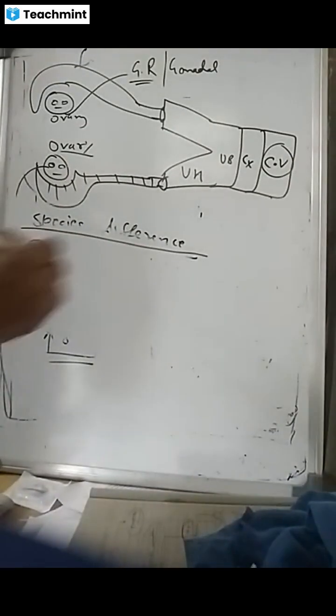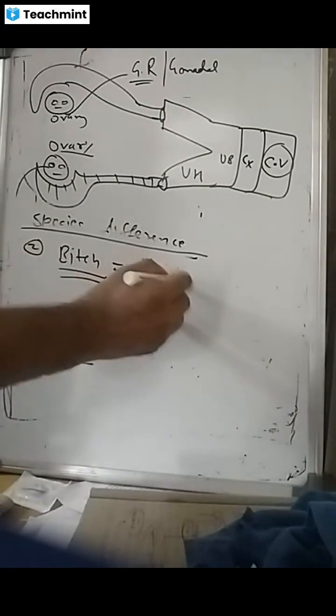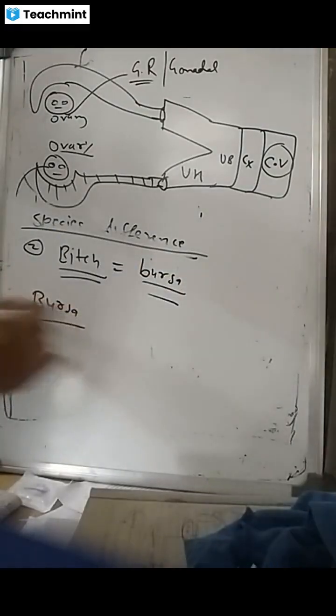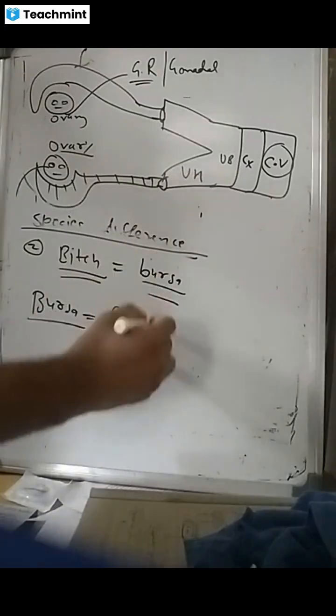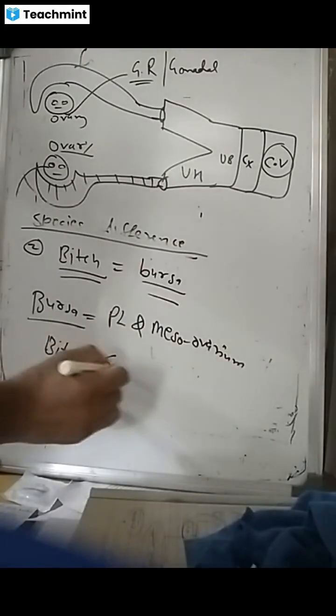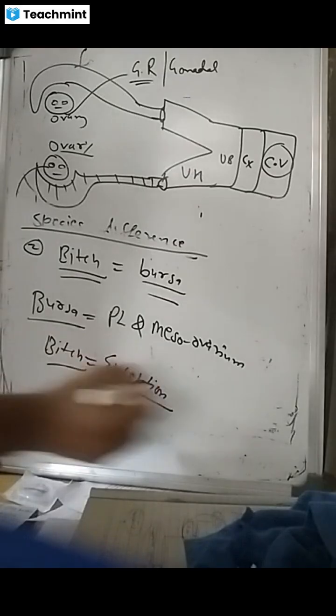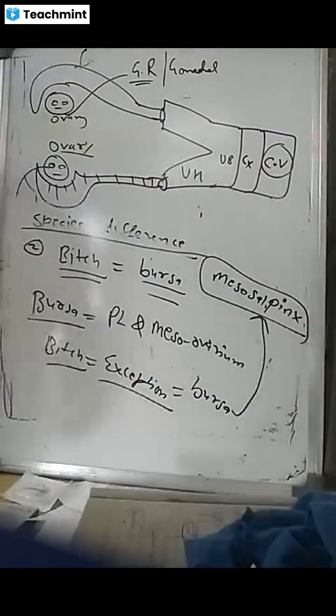Number two is the bursa. There is a difference in other species: the bursa is formed from the proper ligament of the ovary and the meso-ovarian, which forms a bursa with the salpinx. This is the difference.